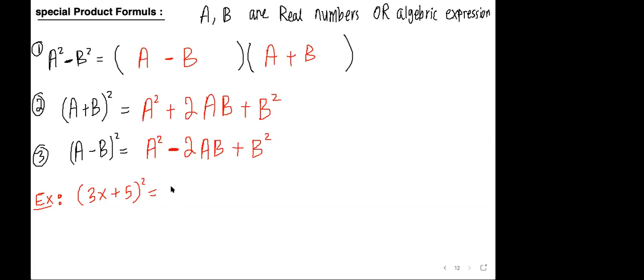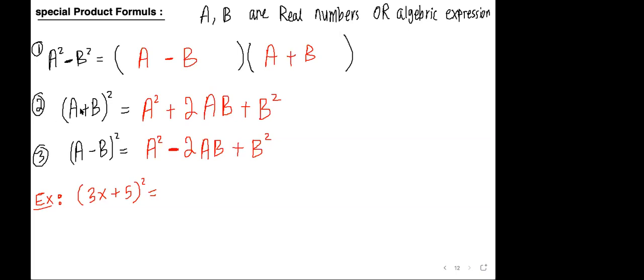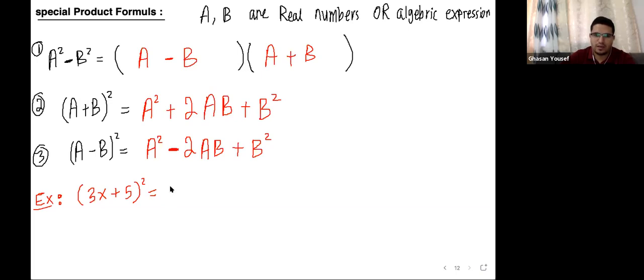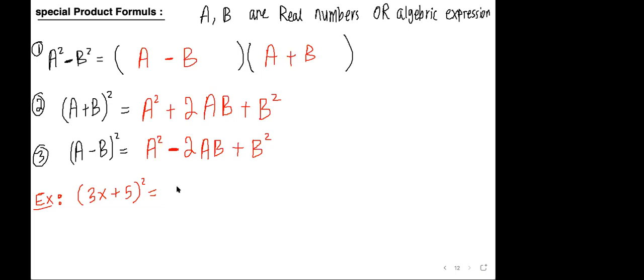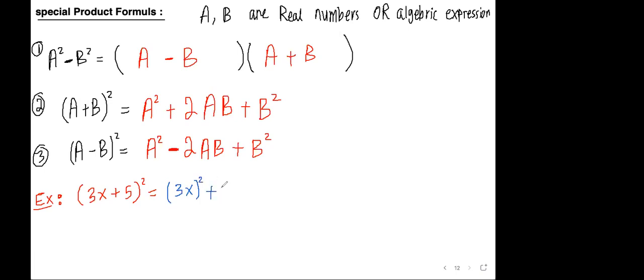This is correct, but which formula can you use? Number 2. How can we apply number 2? Instead of a, you put 3x, everything squared, plus instead of b, you put 5 squared.